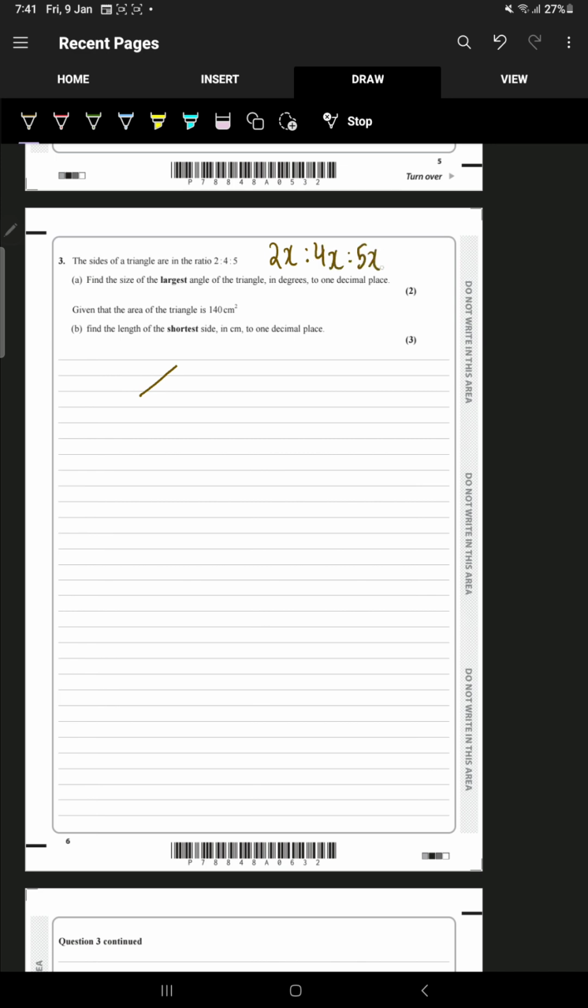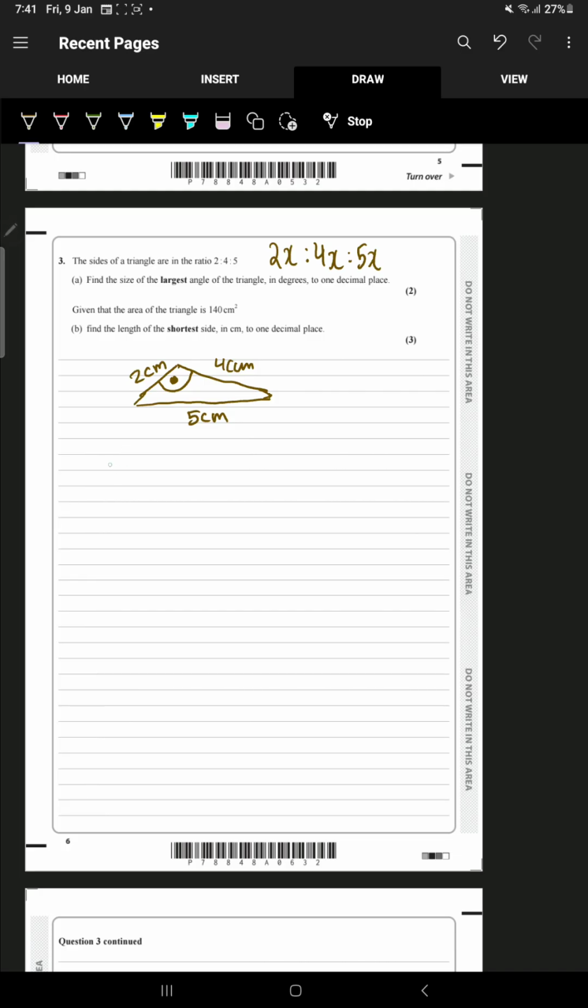The x is a constant factor, so we can assume x is equal to 1, because the factor is going to be the same. So this is 2 centimeters, this is 4 centimeters, and this is 5 centimeters. They are asking to find the largest angle, which is going to be here, to one decimal place.